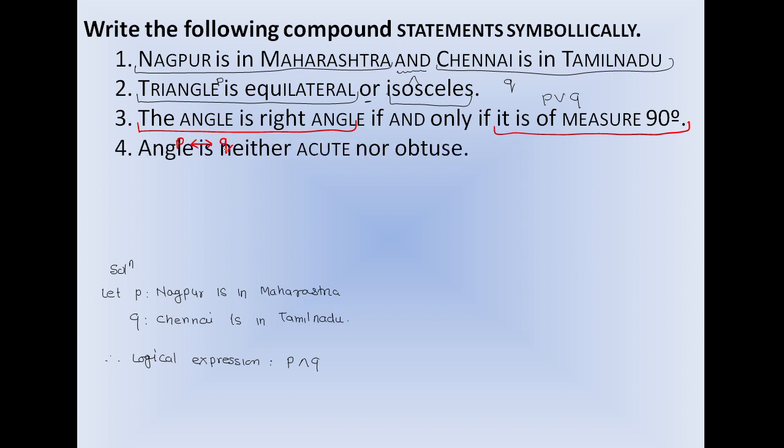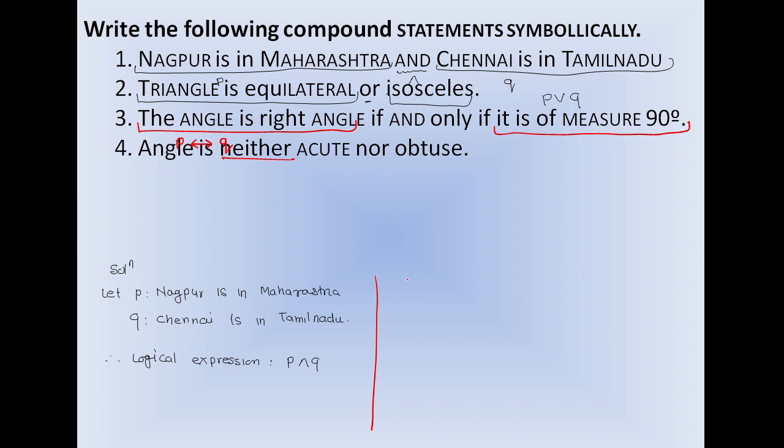Let's go for another one. Angle is neither acute nor obtuse. Now over here it is very clear. Here they are using neither, which is the negation of a certain statement.